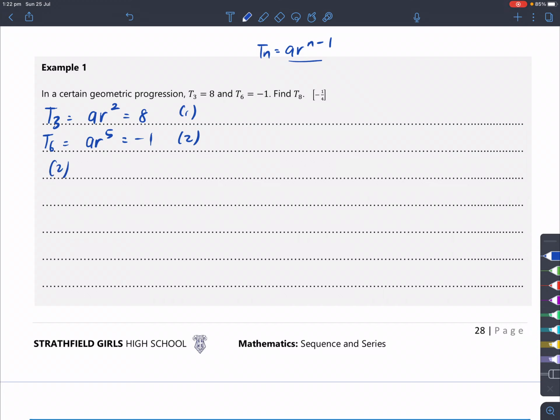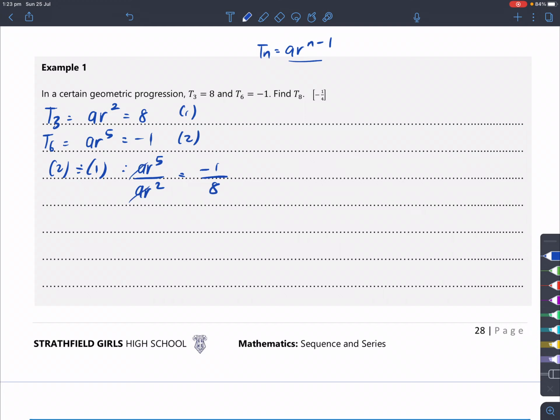Equation 2 divided by equation 1 will be a nice thing to do, because this has a higher power of r than this. So if I now get AR to the power 5 over AR squared, okay, let me show you what I mean by that. I'll get AR to the power 5 over AR squared. That will equal negative 1 over 8.